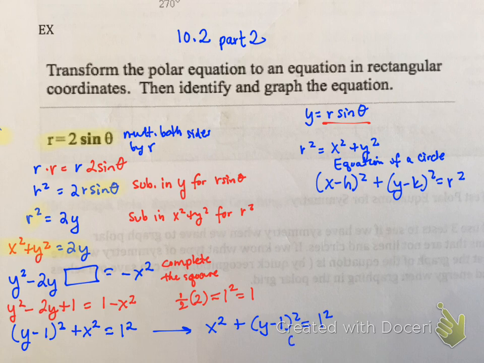The center of the circle is h comma k, and I don't have an h this time around, so the center is 0 comma 1, and the radius equals 1. So I'm ready to graph this. Once again, the center is at 0, 1, and the radius is 1.